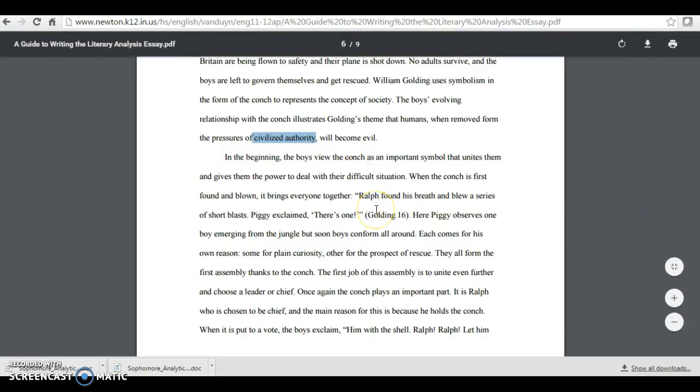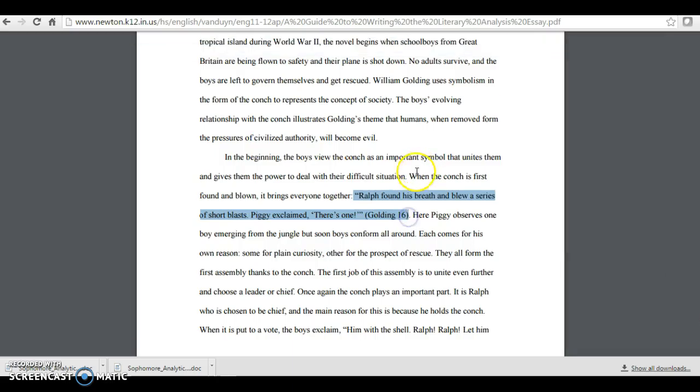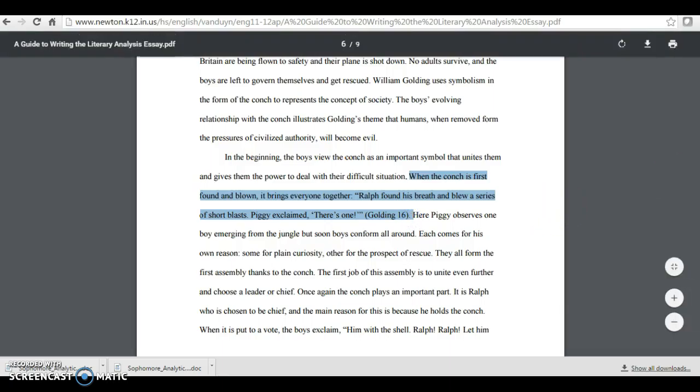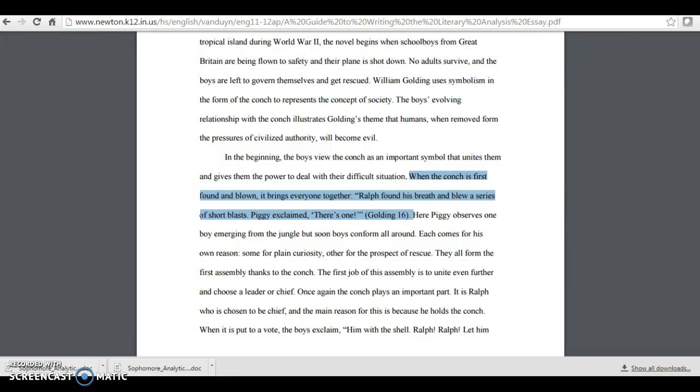And then there is good textual evidence. When the conch is first blown, it brings everyone together. "Ralph found his breath, blew a short blast." Piggy explained, "There's one." So the boys acknowledge early on the power of that.